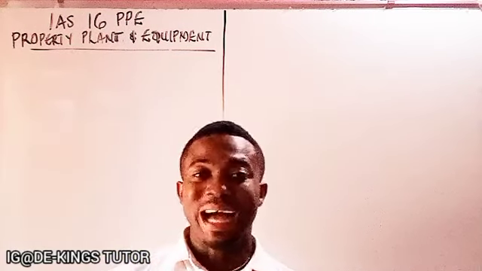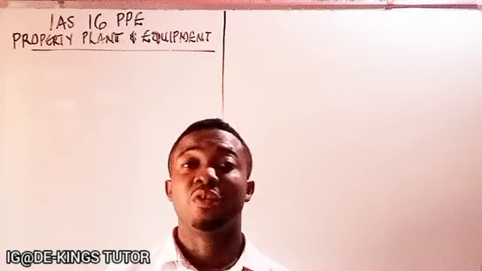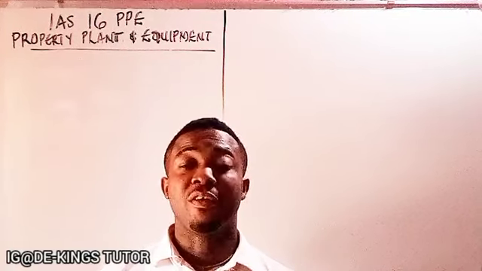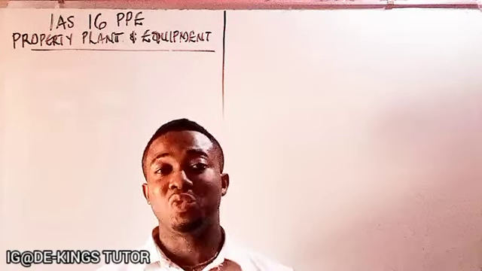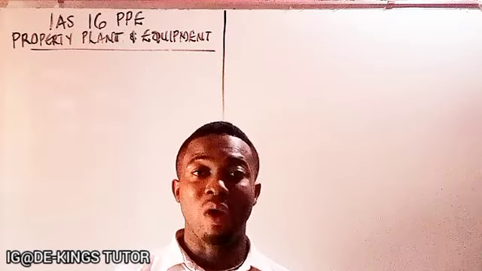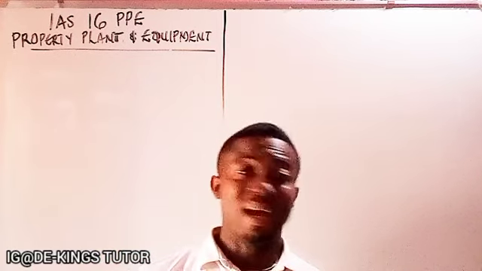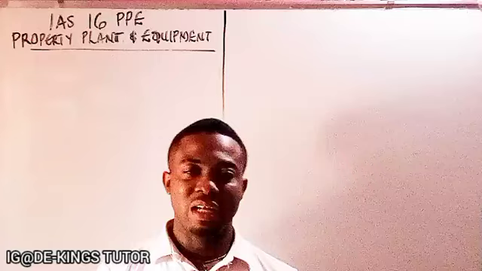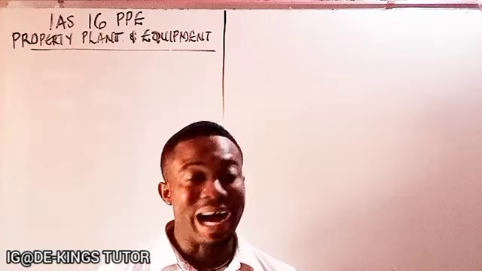Property, plant, and equipment are tangible items that are held for use in the production or supply of goods and services, or for rentals to others, or for administrative purposes, and are expected to be used for more than one period. Expected to be used for more than one period means they should be durable and not something that is consumed at once.